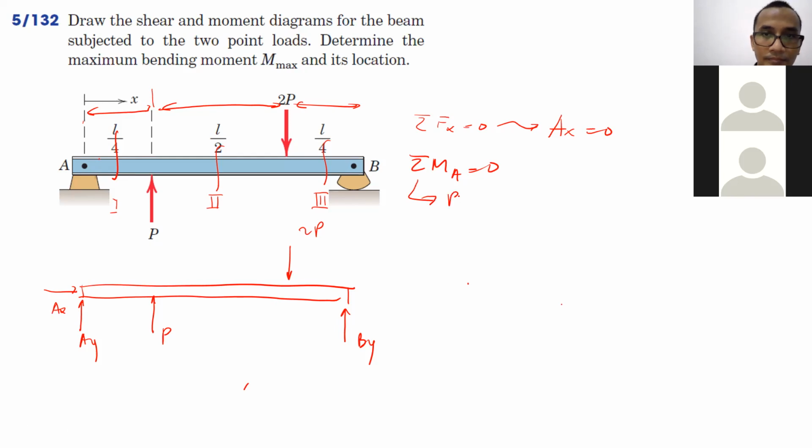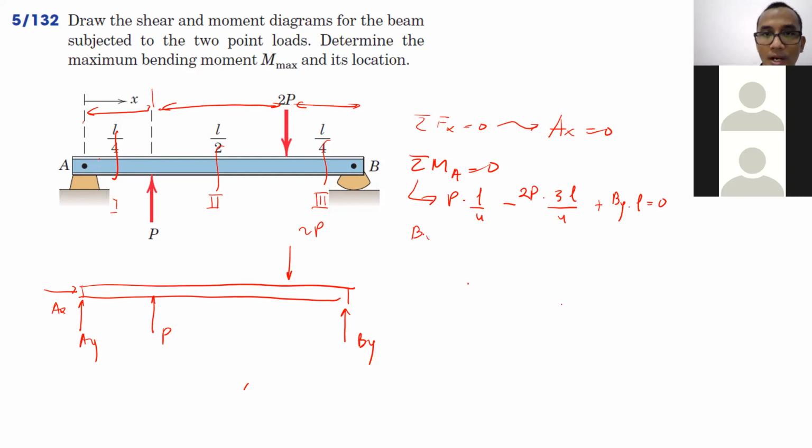P times L over 4 minus 2P times 3L over 4 plus BY times L equal to 0.